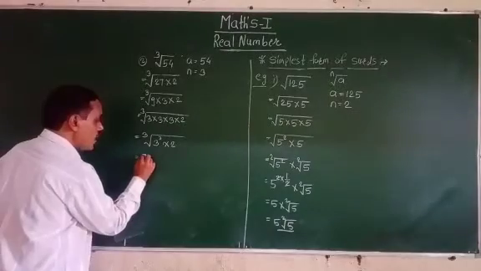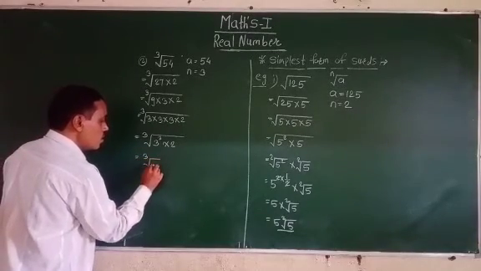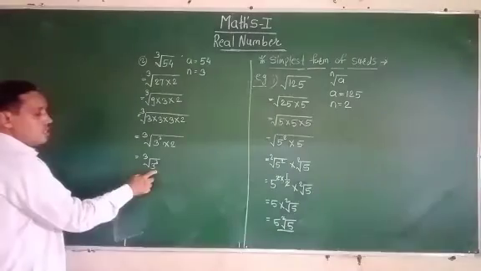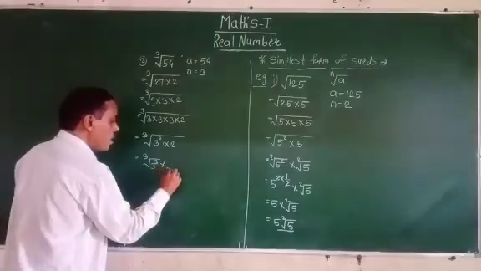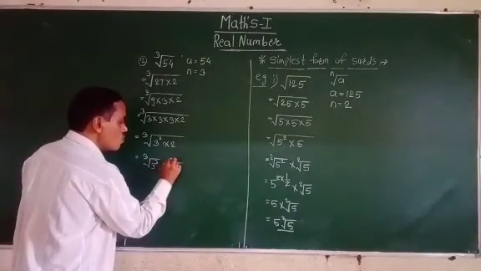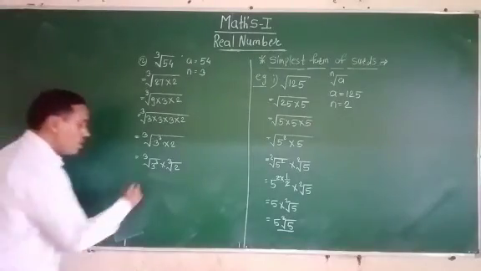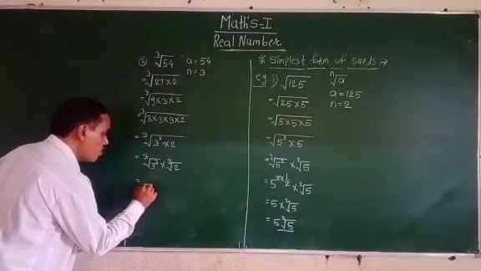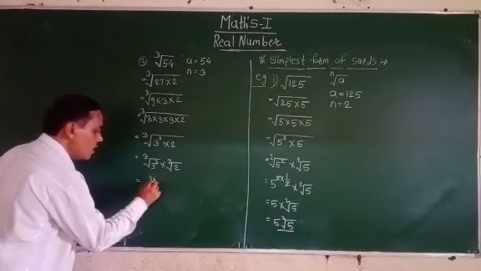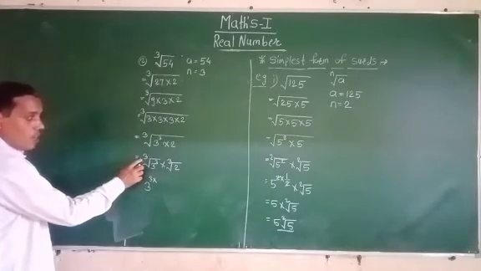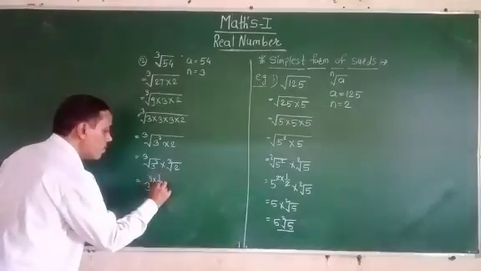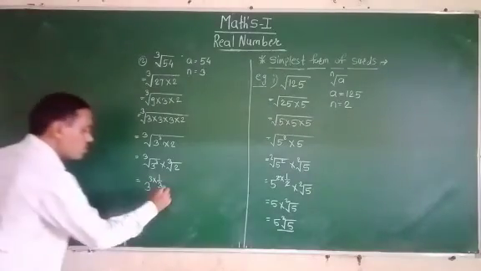That means we separate them: the surd of 3 raised to 3 is separated, and the surd of 2 is also separated. Then we remove that radical sign, and that 3 is converted into the indices form, the rational form.